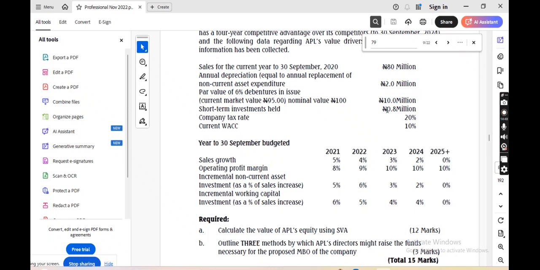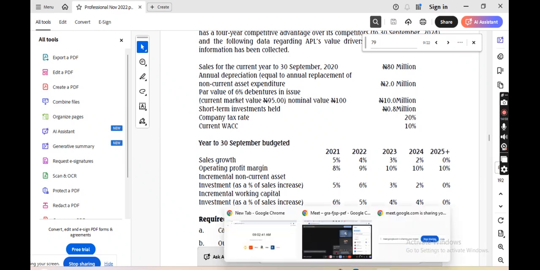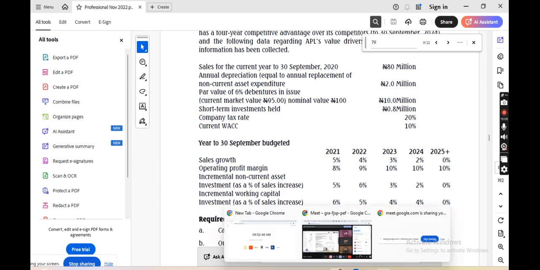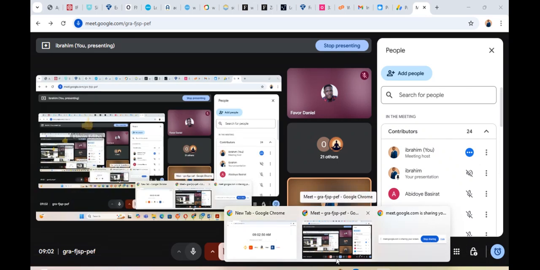95 divided by 100 times 10 million. Okay. Interesting.